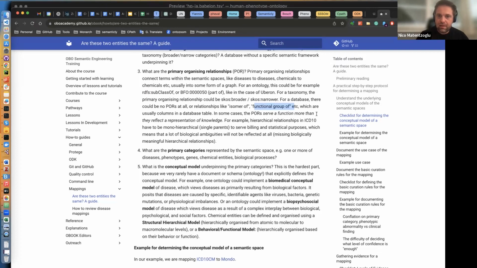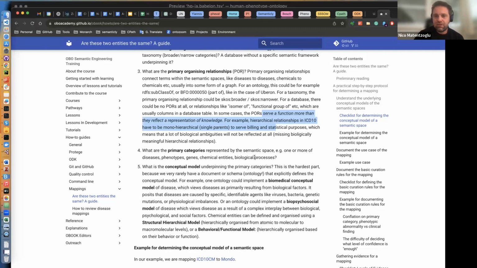Remember here, and this is already a bit of foreshadowing to the next steps, that the primary organizing relationships are something that we as ontology engineers need to remind ourselves of: they are not always intended to reflect knowledge. It's very often the case that they are derived from a very functional use case. For example, in ICD-10, the primary relationship is these SKOS-like broader narrower relationships between categories and disease terms.